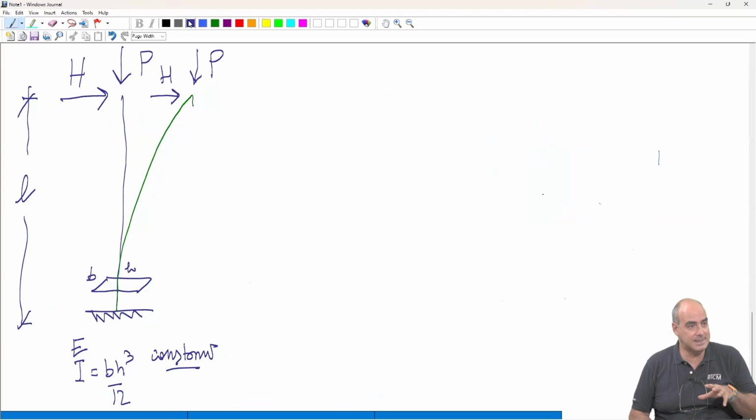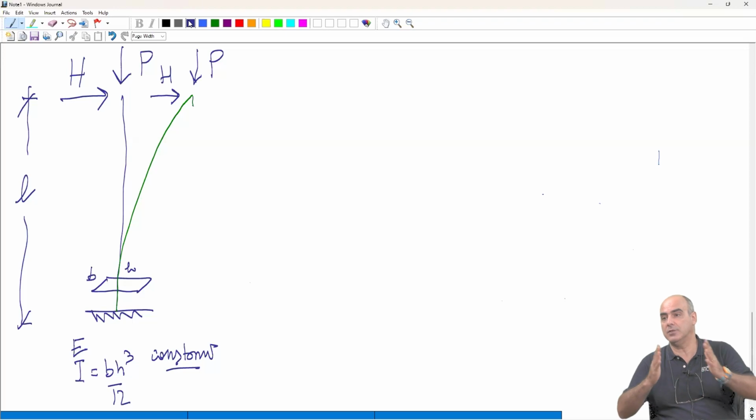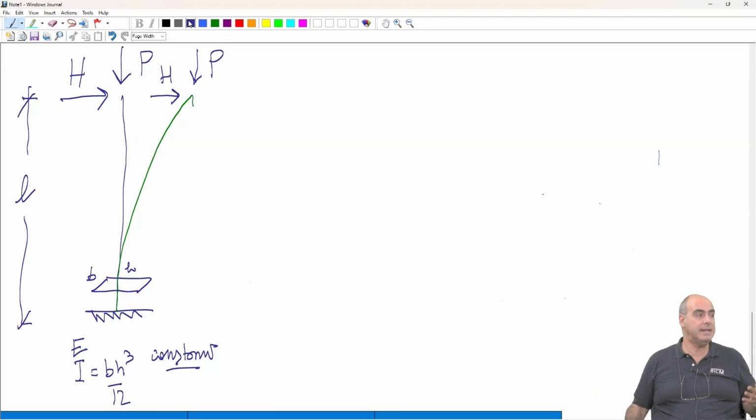So we are interested in understanding whether this phenomenon stops at a certain point because the structure is able to find its equilibrium deformed configuration, or if this self-amplification at a certain point becomes so high that the structure falls down and undergoes what is called buckling failure.